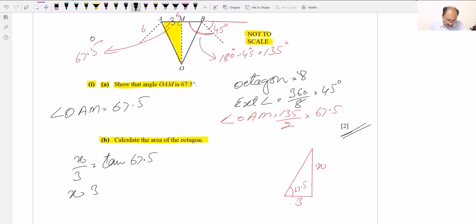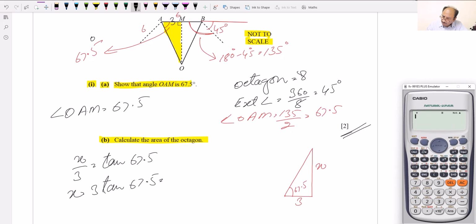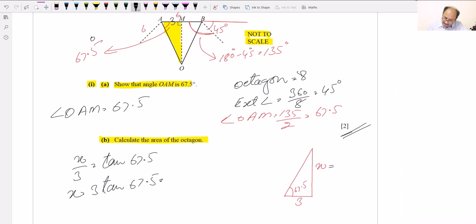So x will be equal to 3 tan of 67.5, and 3 tan of 67.5 is equal to 7.2426. So x value is 7.2426. We got this one. I'm just writing more digits so that we will get a more accurate answer.